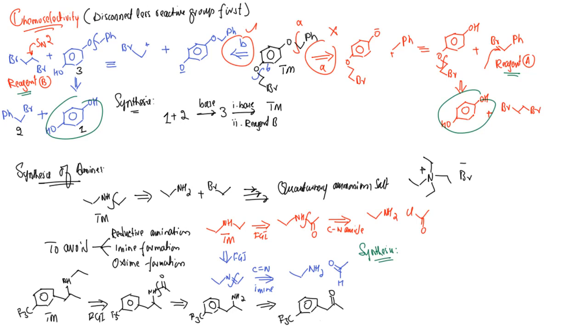Let me call it 1. I will react 1 with this reagent in order to get a species like this, which is a stable oxime.